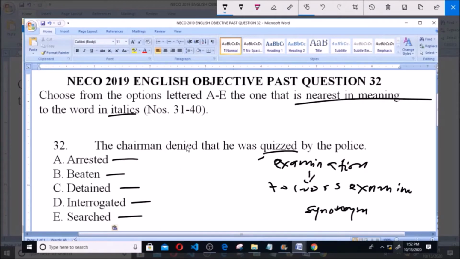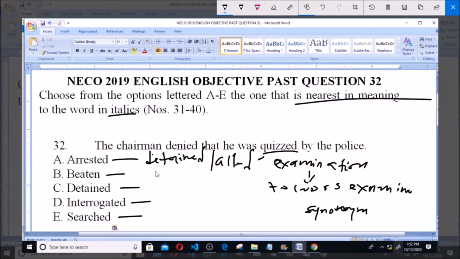And when we talk of arrest, it is the same as detain.